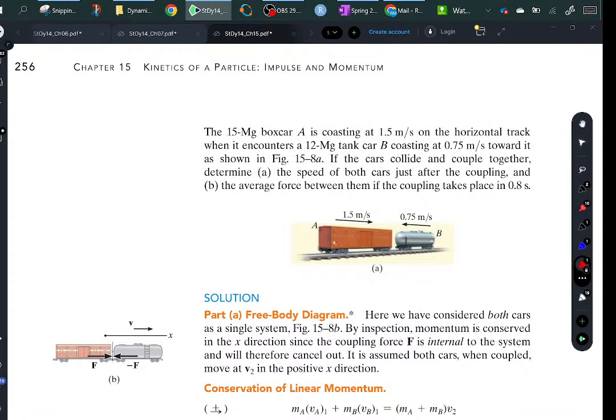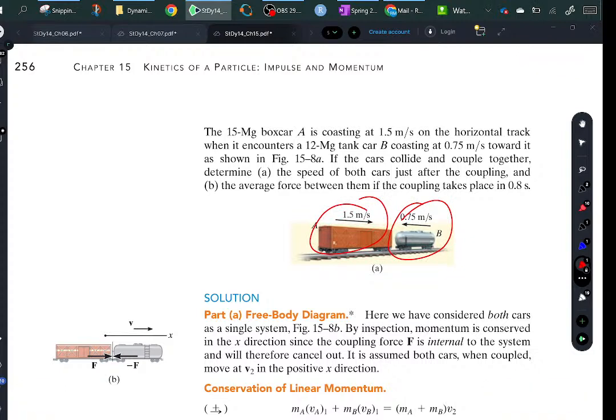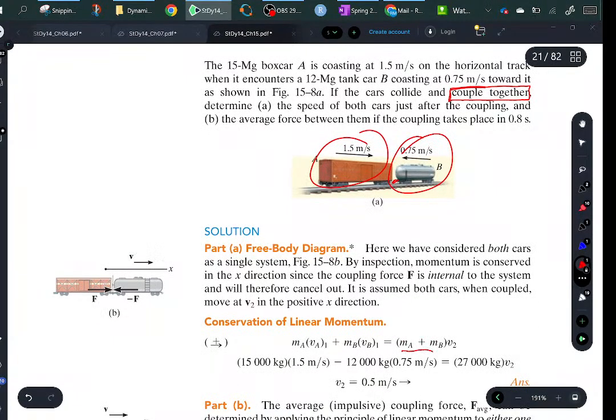He says we have a certain tanker A and another one B. They hit, but after they hit, and this is a big key here, they stick together. They have couplers and they stick together. If that is the case, then they both have the same final velocity. So you've got the initial velocities here, and the final velocity would both match, coupled together.